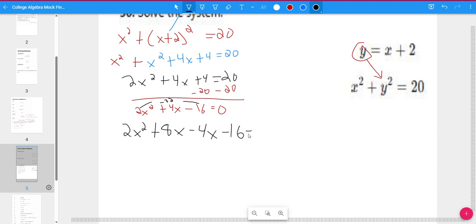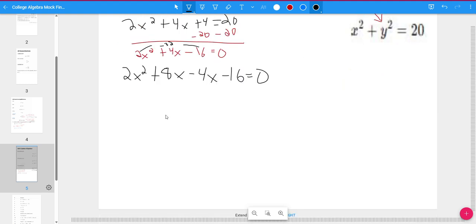So AC method. Now I can group these guys. These have 2x in common, and these have negative 4 in common. And that'll leave me with x plus 4 equals 0.